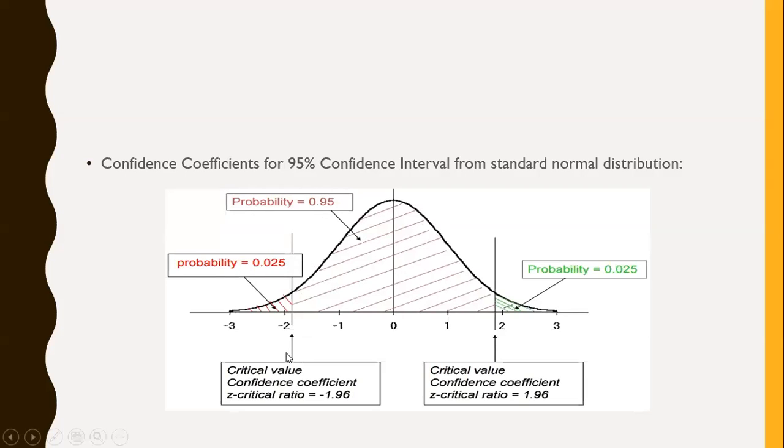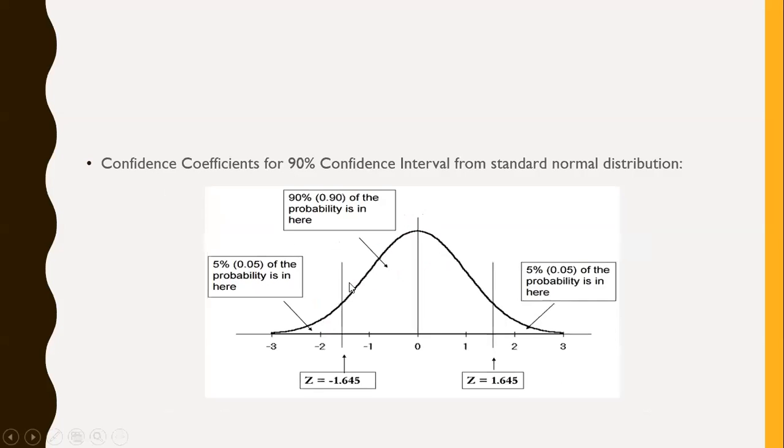There is always a lower limit and an upper limit, right? The critical value, the confidence coefficient, is minus 1.96 and plus 1.96, around 0. If you take 90%, the critical value lies between minus 1.65 and 1.65.